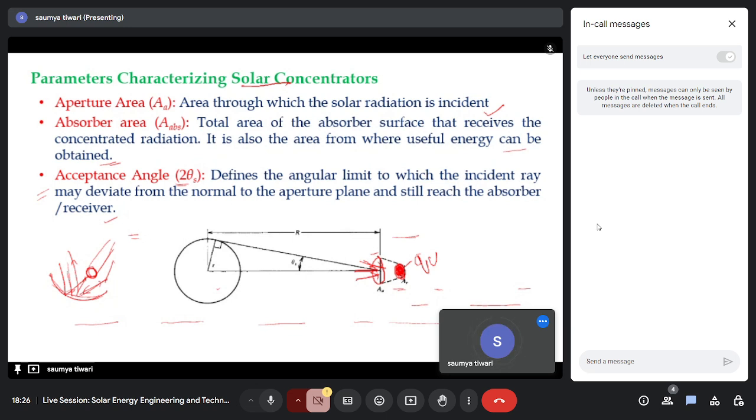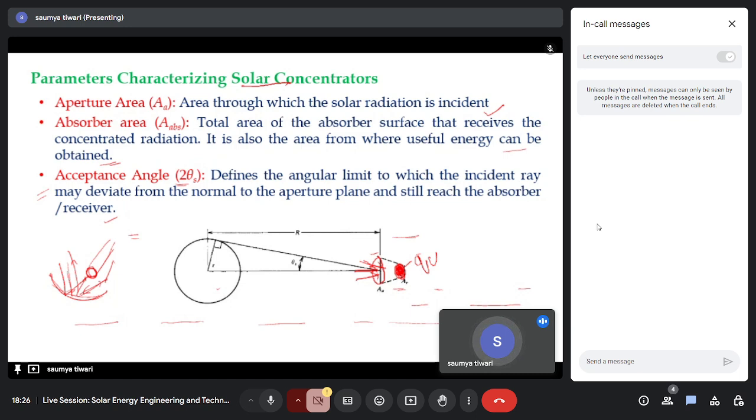Now acceptance angle: whatever solar radiation is going from the concentrator, the whole of it does not reach the aperture area or receiver area. Only a part of it is intercepted, right?